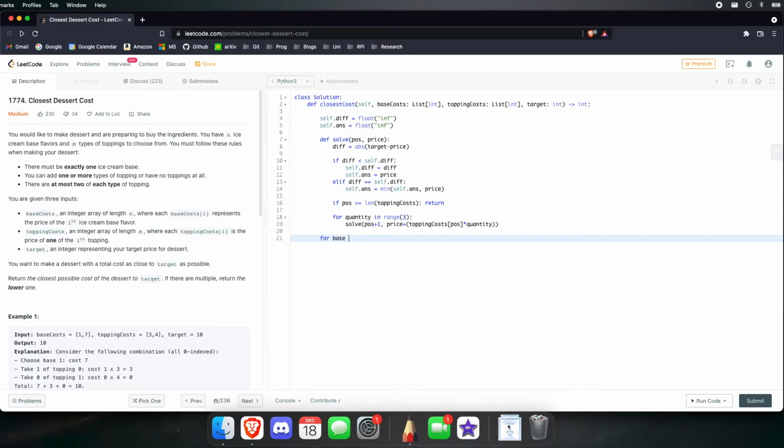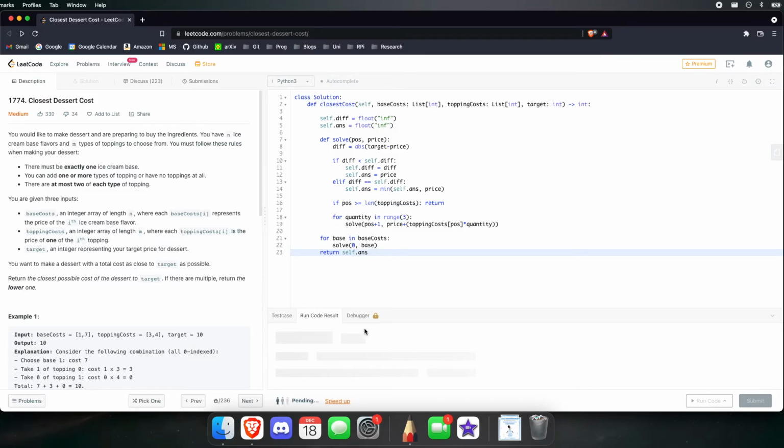So for base in base costs, let's call this function starting off at index 0 and starting off with the price of the base cost. After this, we can just return the answer we have found to be the best or the closest to target.